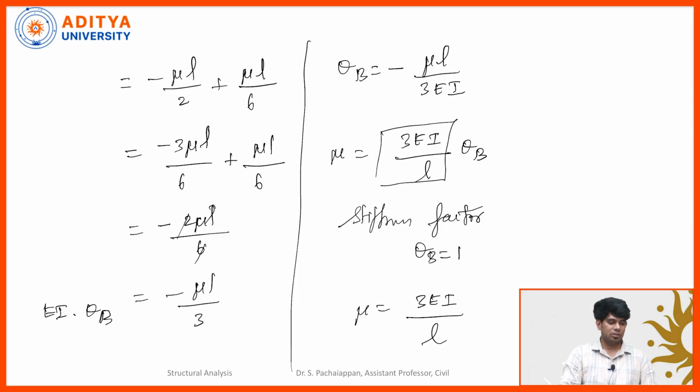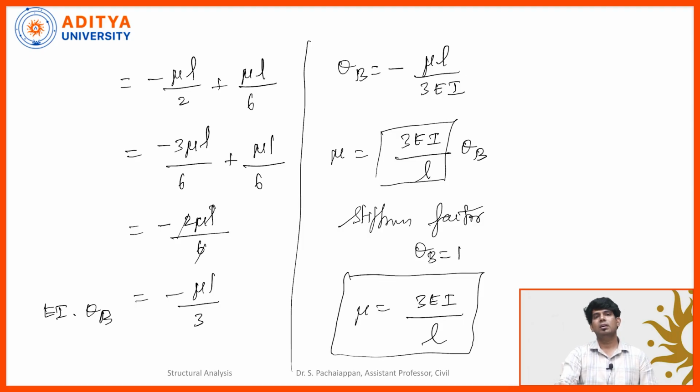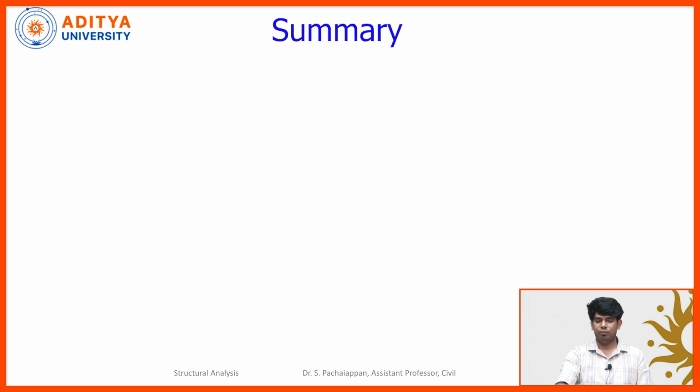So in this lecture, we have seen how to derive the carryover factor and the stiffness factor when one end is fixed and the other end is free, and when both the ends are simply supported, what the stiffness and carryover factor are. So I will summarize this lecture.